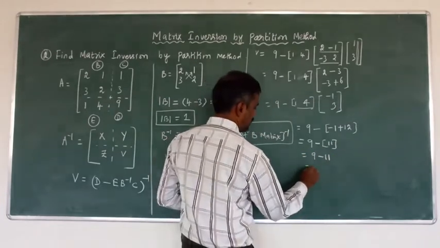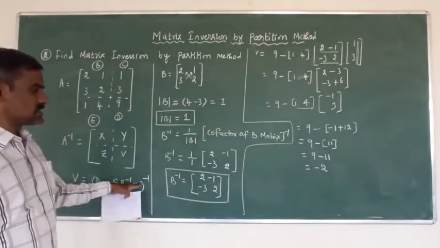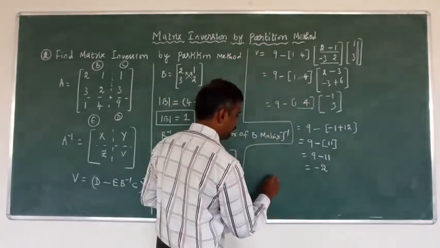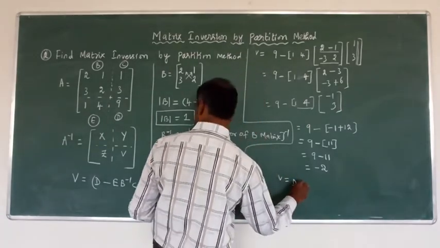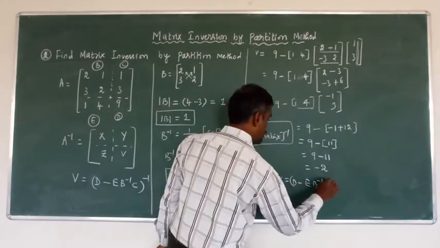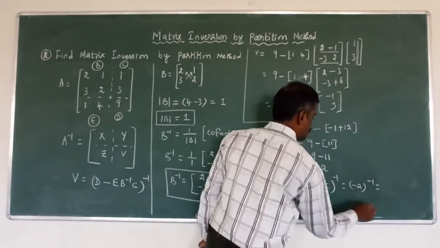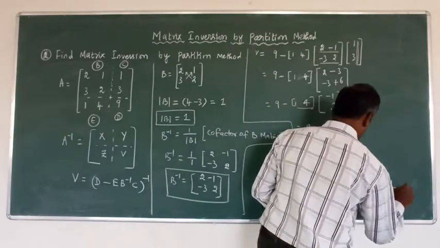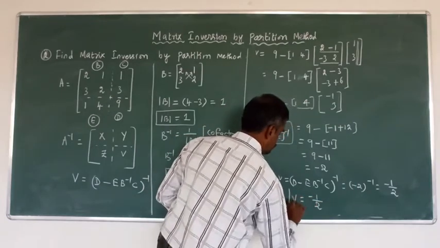Now equal to minus 2. Now to find out the inverse for V equal to D minus E B inverse C, minus 2 inverse equal to minus 1 divided by 2. Now V result equal to 1 divided by 2.